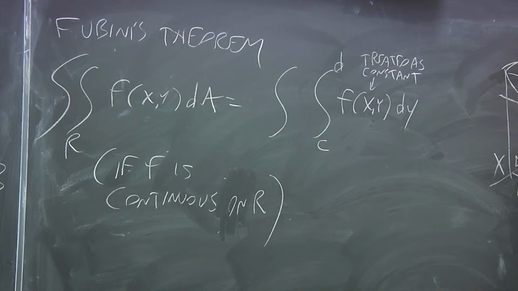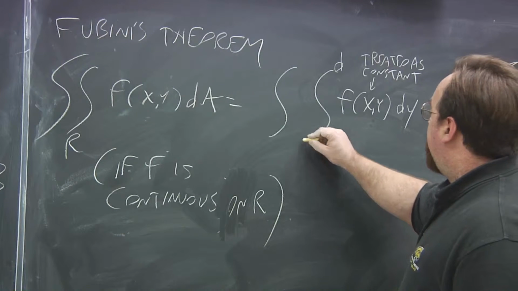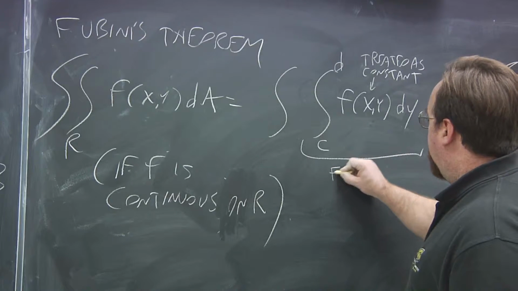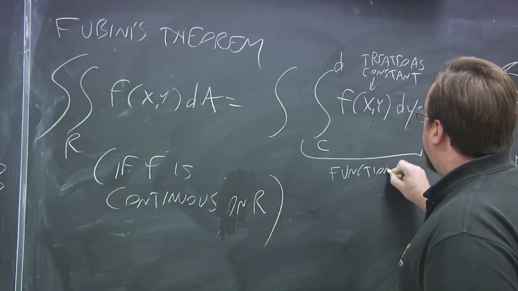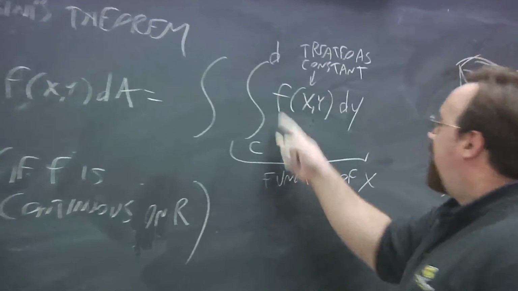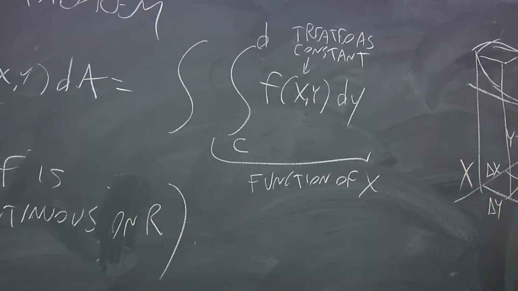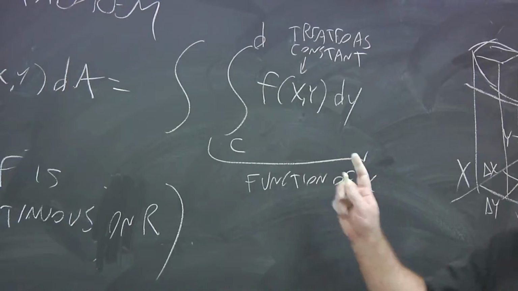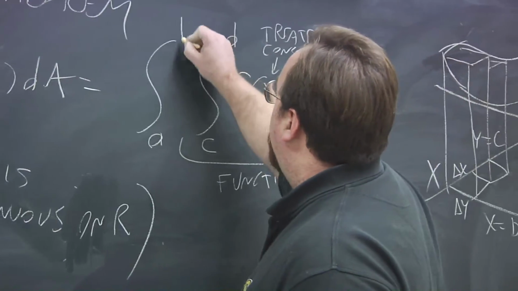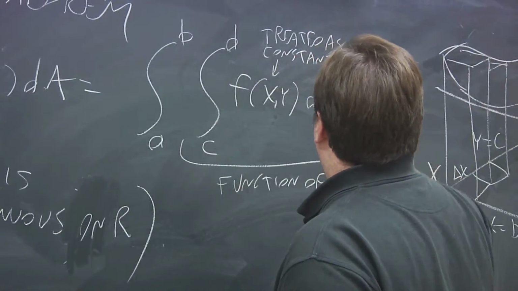You act as if it's a constant. The result of this is now going to be a function of x, because this is a definite integral. Once you plug in these limits, you're not going to see y anymore. So you get a function of x, which you now integrate from a to b, dx.